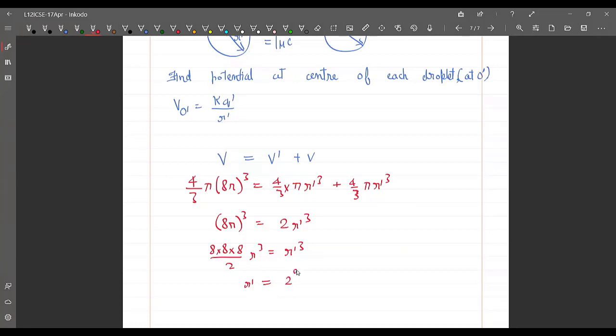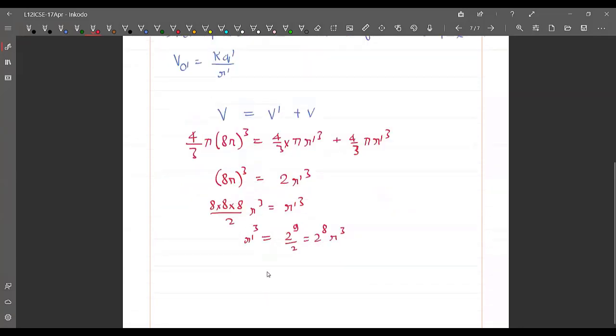This is 2 raised to 9, 2 raised to 8. So r dash will come out to be 2 raised to 8 by 3 r. Okay, that is a complicated number.